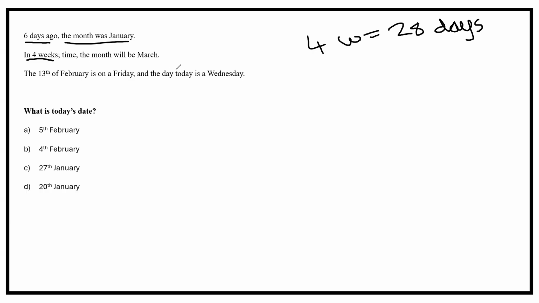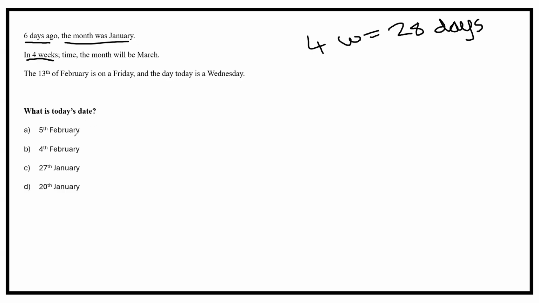So now what I'm going to do is add 28 days to our answers to see if we end up in March. So if we add 28 to the 5th of February, we're going to end up in March, okay? February has 28 days. I know there are leap years, but even if it was a leap year, we would still end up in March if we add 28 to 5.